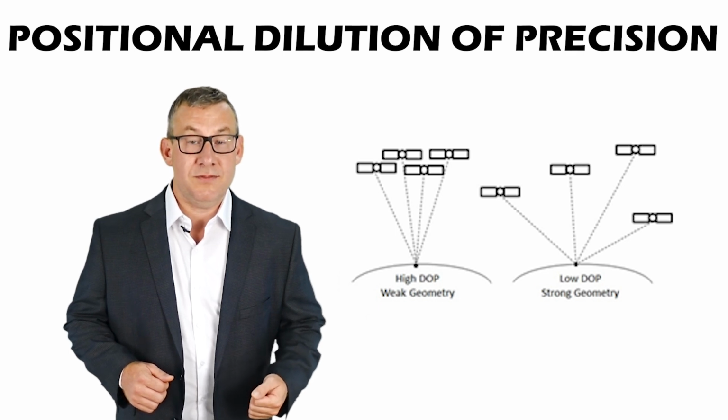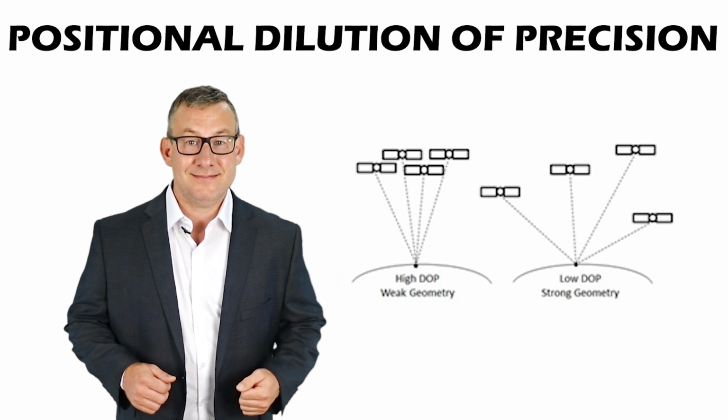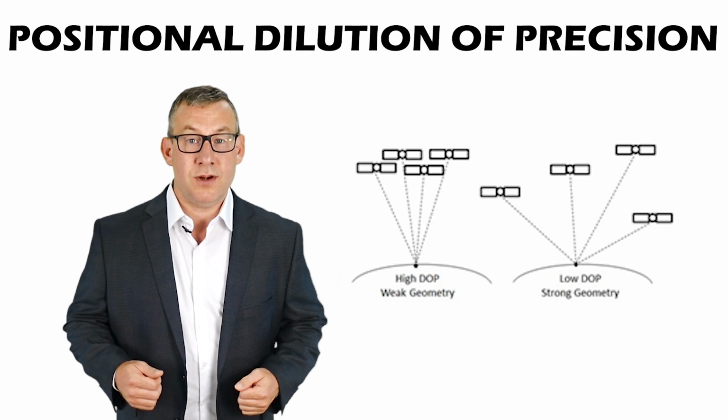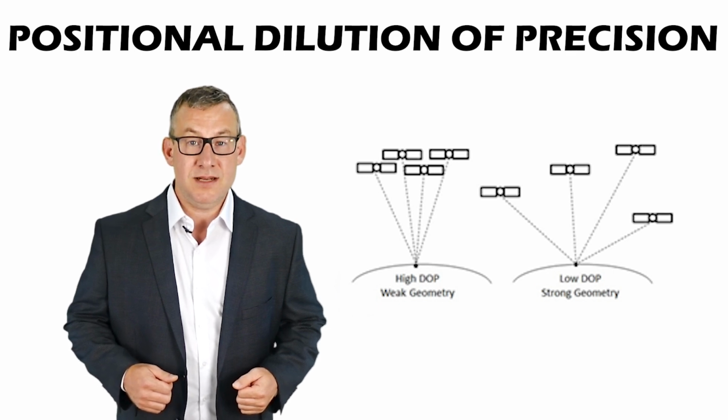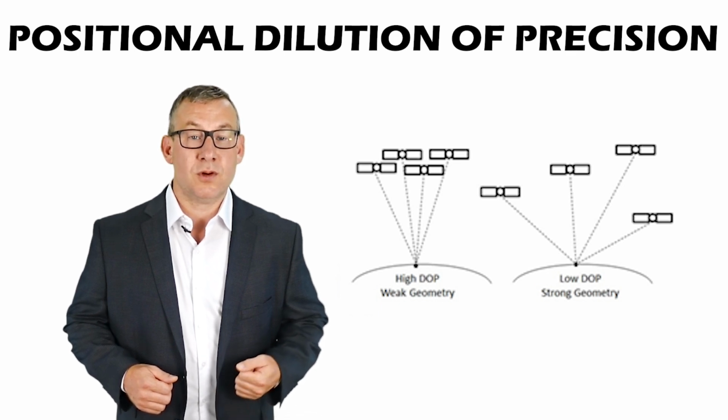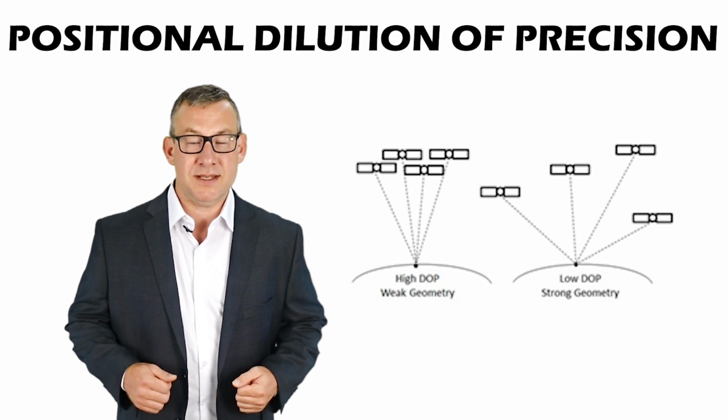PDOP improves if the satellites are spread more evenly through the sky. The PDOP signal strength threshold can be set on a receiver. A higher threshold will increase the number of fixes recorded, but lowers accuracy.